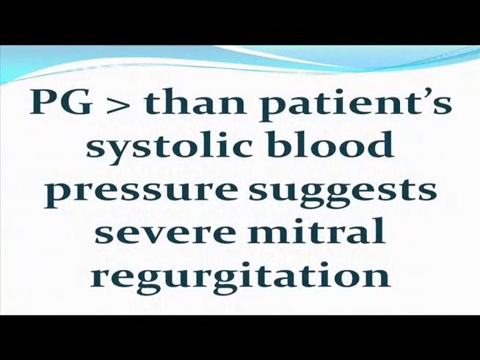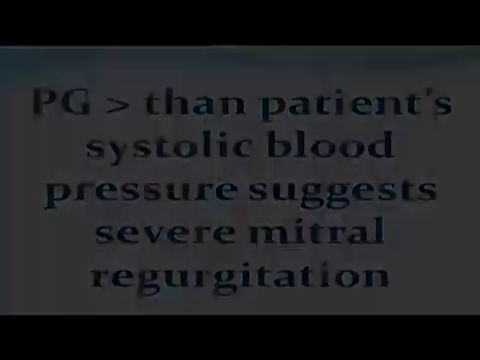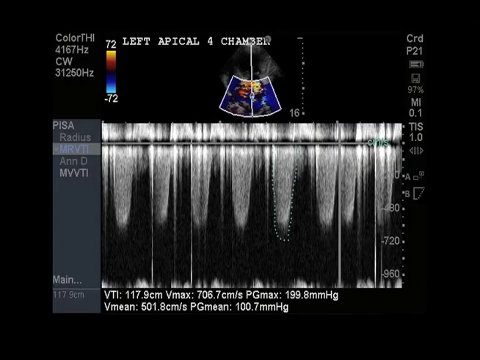Therefore, a calculated pressure gradient higher than the patient's measured systolic blood pressure indicates a severe mitral insufficiency in the absence of aortic stenosis. This dog's blood pressure was elevated at 165 millimeters of mercury, but the pressure gradient of the mitral regurgitation was 199.8 millimeters of mercury.